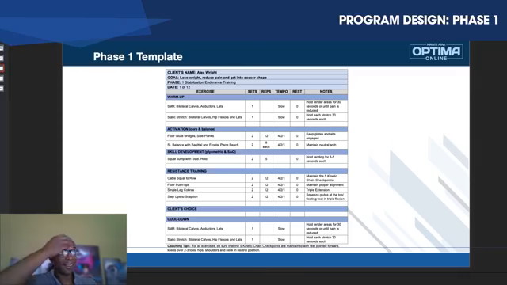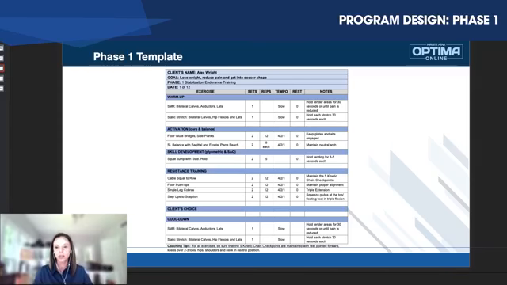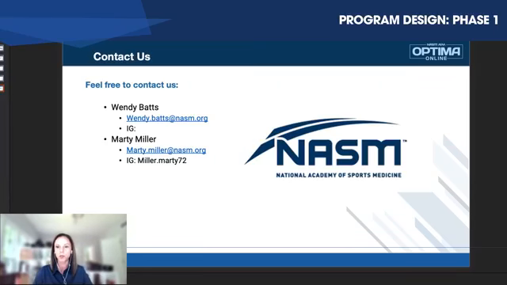The big takeaway is to look at the assessment, be very specific in the information that you gather, to make sure that the assessments you do make sense for the client's goals and outcomes, but also the level where they're starting. With the exercises that we chose, we are following the phase 1 protocol to build the specific adaptation that we're looking for.